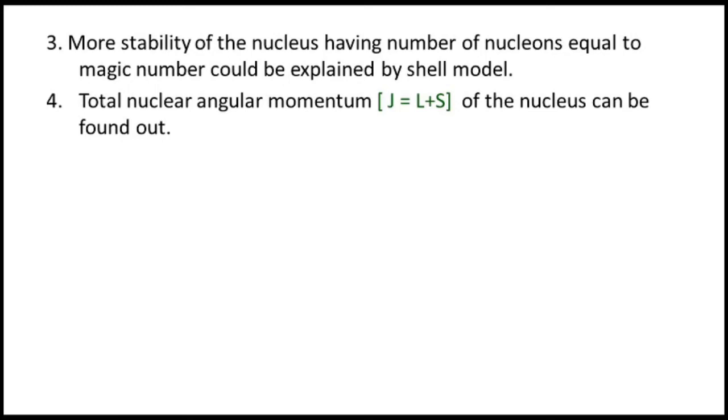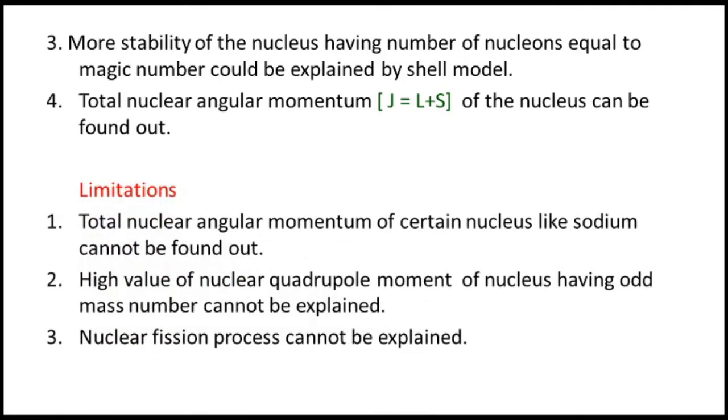More stability of the nucleus having number of nucleons equal to the magic number could be explained by the shell model. The total nuclear angular momentum, which is given by capital J equal to capital L plus capital S, of the nucleus can be found out by using the shell model.